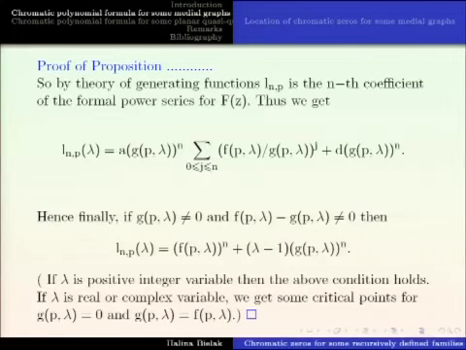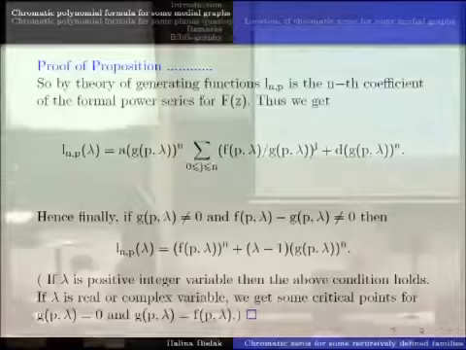So we can express this as follows, and finally, counting and considering some special cases, we have really this formula for integer positive lambda. For some special cases, lambda real or complex, we have critical points sometimes. But in fact, we prove the following general formula, as a proposition.